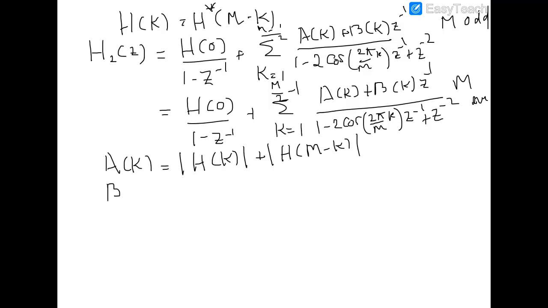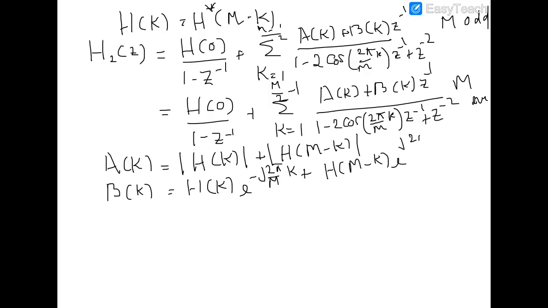B of k is defined as h of k e to the power minus j 2 pi by m k plus h of m minus k e to the power j 2 pi by m k. So, applying this, we have a1, a2, b1, b2.